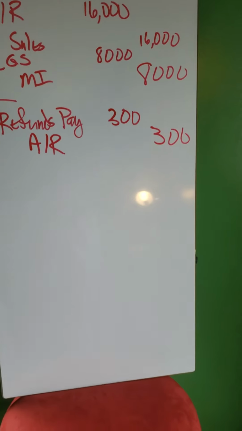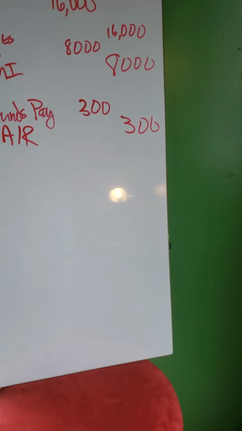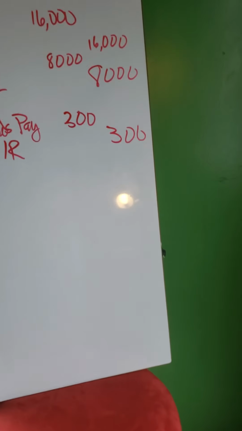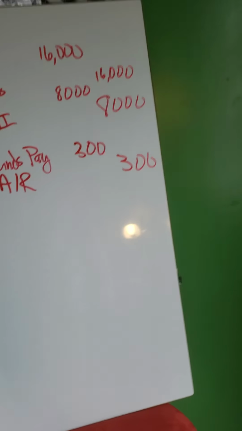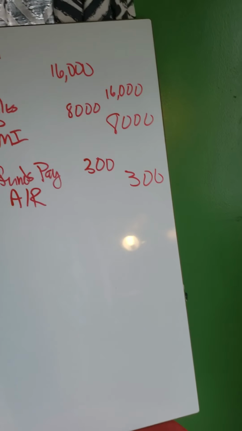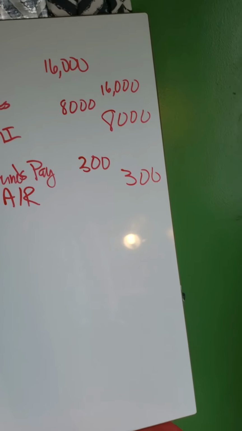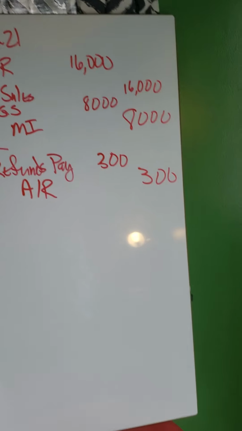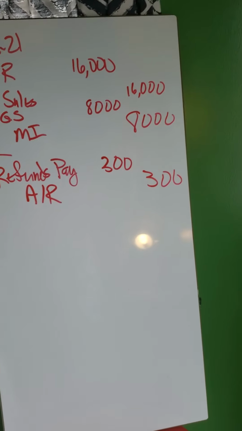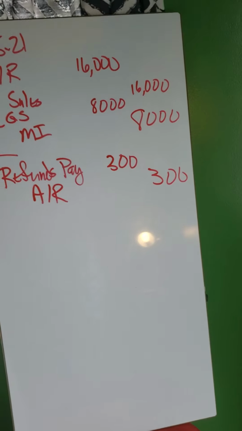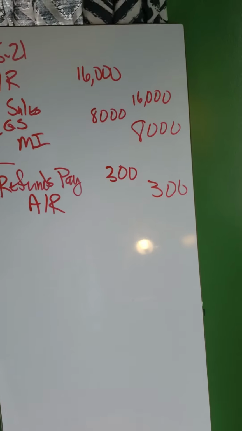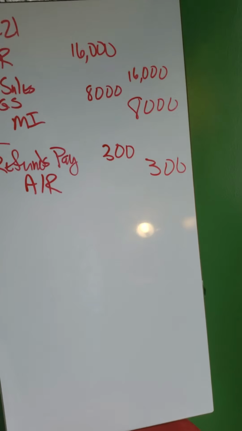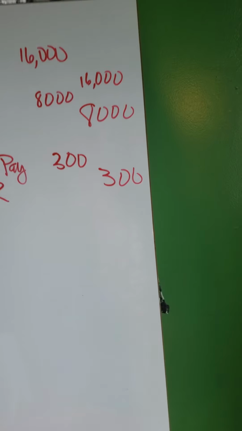In other words, we decrease our accounts receivable by $300, and we debit this refunds payable account. If you'll notice when you read pages 263 and 264, they talked about how at the end of the year we set up a refunds payable account, a credit account that takes into account what refunds we expect to make throughout the whole year. So this is going against that refunds payable account that we set up at the end of last year.